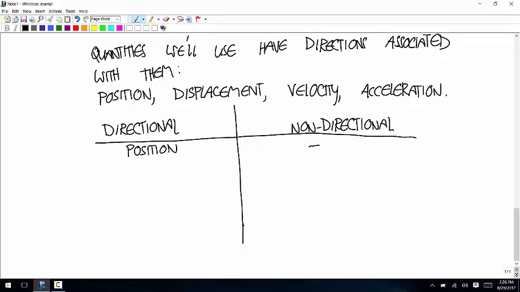And then we're going to use position to define one called displacement. And rather than talk about displacement, we usually talk about distance. So those are related, but not the same. The third directional quantity is velocity. And the equivalent to velocity, if you throw out the directional information contained in velocity, is speed.